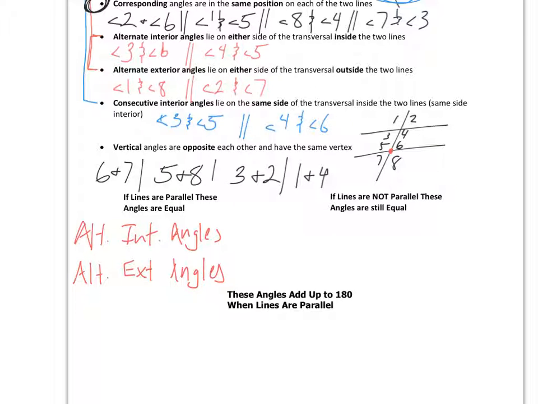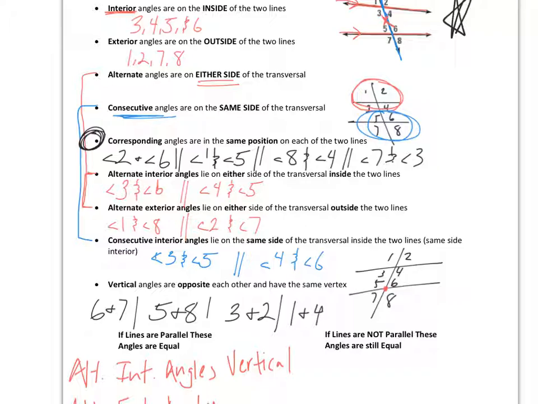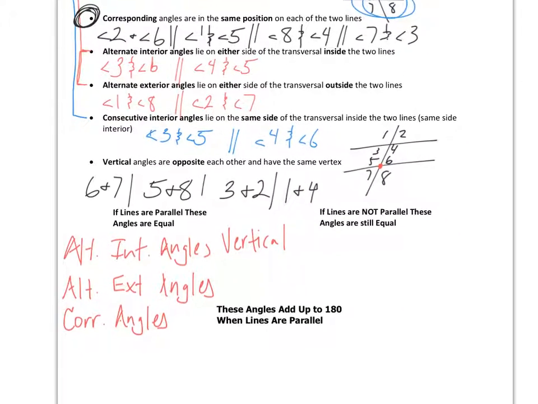Corresponding angles are also equal to each other. Of course, vertical angles are equal to each other. Am I missing any angles? Nope, I think we're good. Okay, again, that's if we have parallel lines.